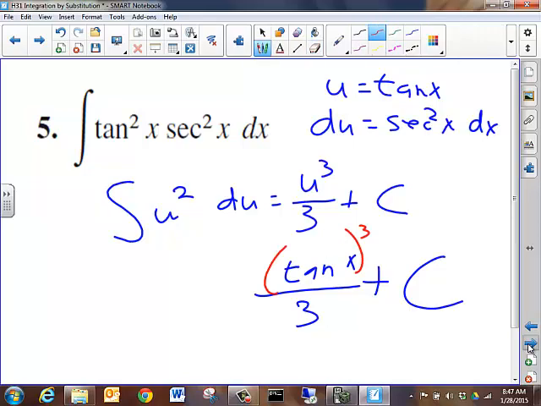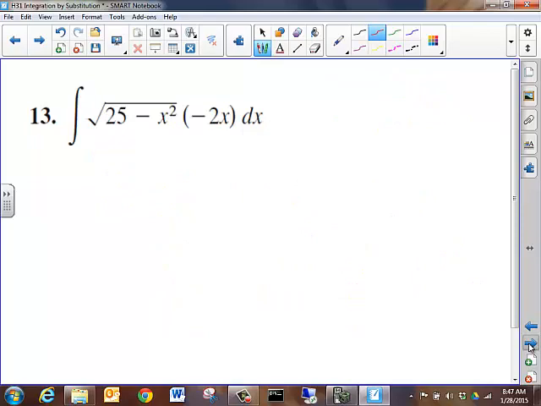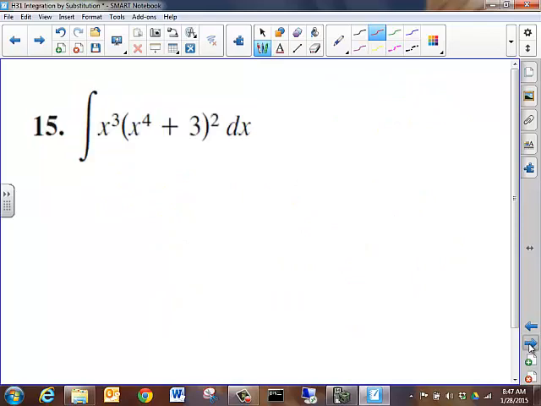If you don't put the parentheses and put the cubed on the outside, you're telling me to cube the x. So either write it like this, or write it as tan cubed x over 3. Either one means the same thing. The tan cubed x over 3 is going to be more common. All right, that's not a problem, so we're going to keep moving on past it.